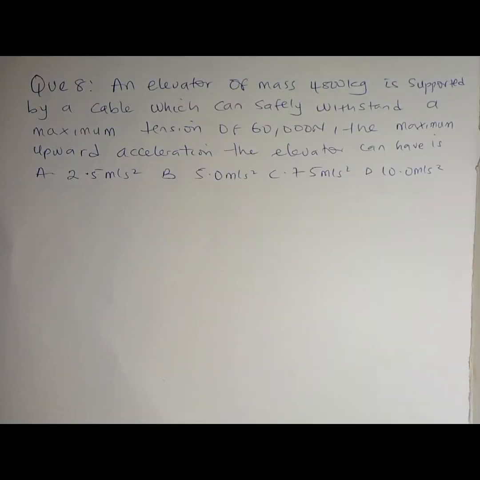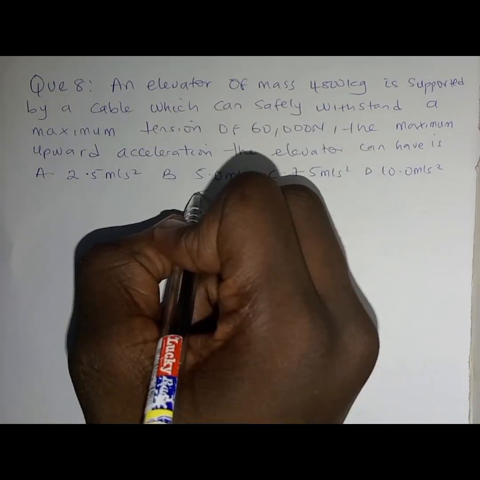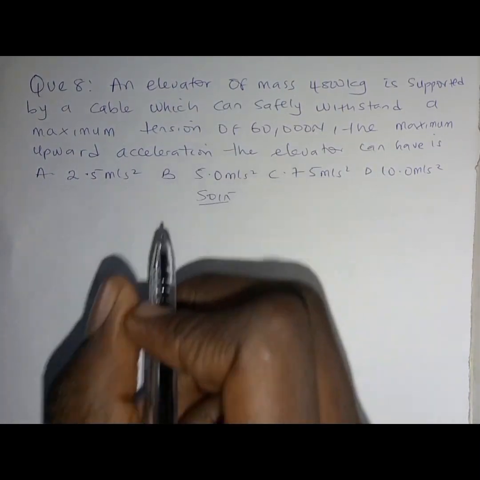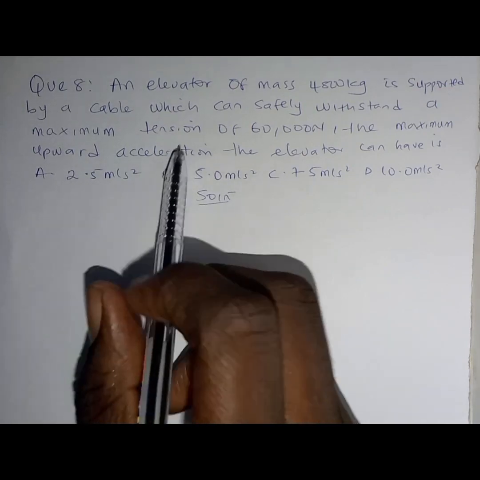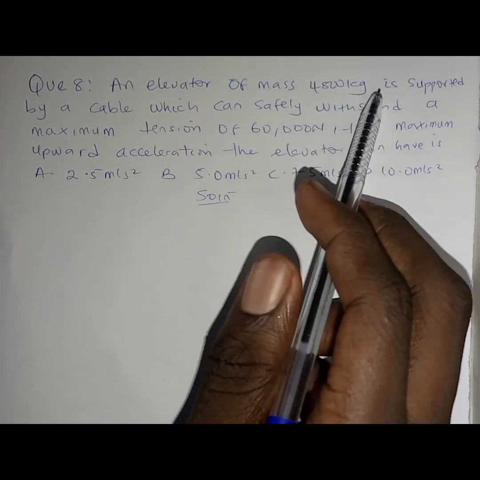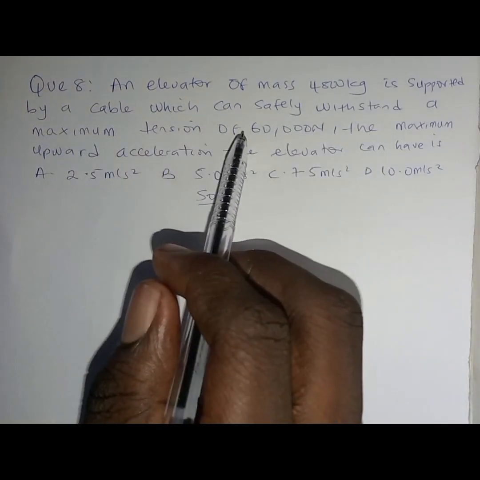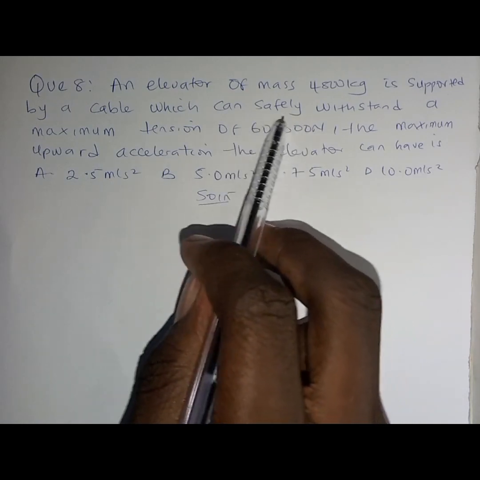Now guys, case 8 question. Now I need to write out my parameters. An elevator of mass 4,800 kg is supported by a cable which can safely withstand a maximum tension of 60,000 Newton.